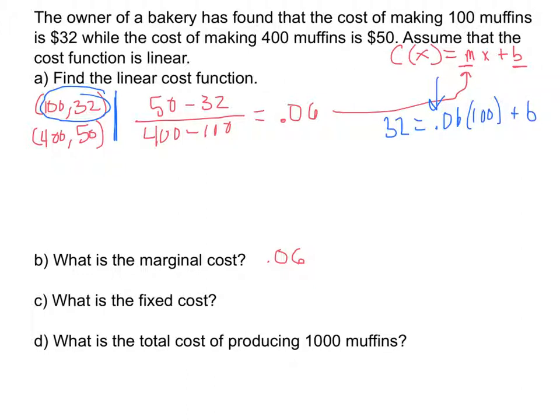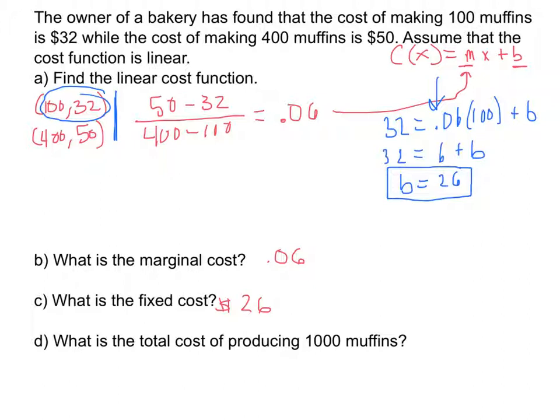We should therefore be able to solve this and find b. So we get 32 is equal to 6 plus b, and so b is equal to 26. This means that our fixed cost to set everything up is $26.